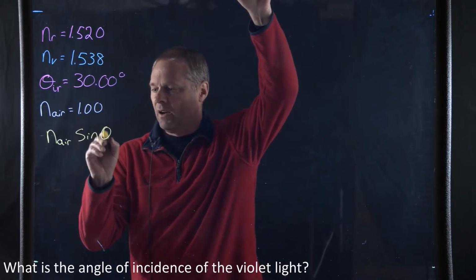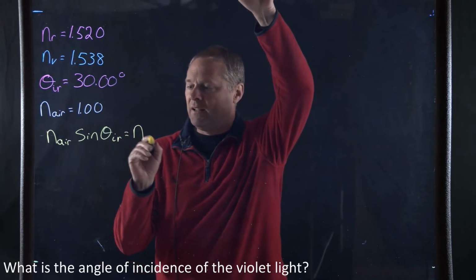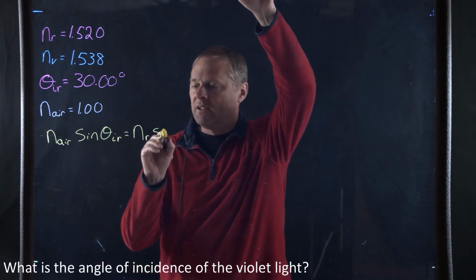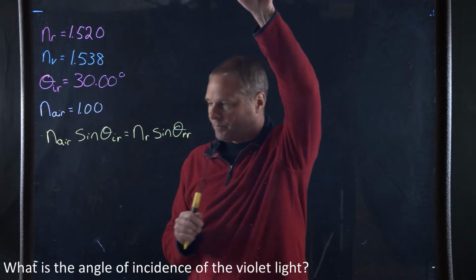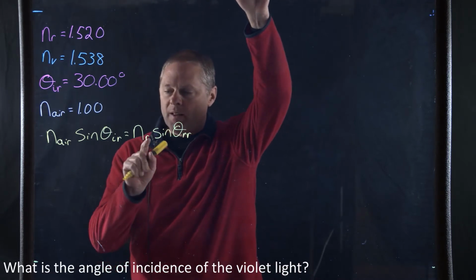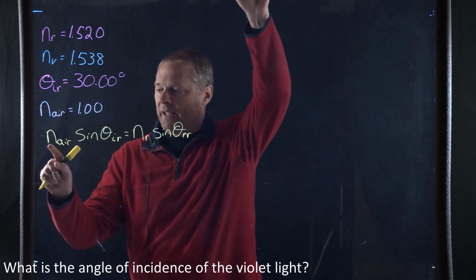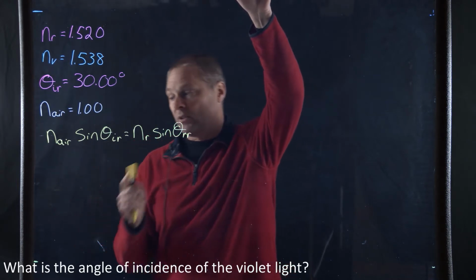Sine of theta, the angle of incidence, is equal to n for the red light, sine of theta of the red light being refracted. This is the light in the air, and this is the light in the crown glass.